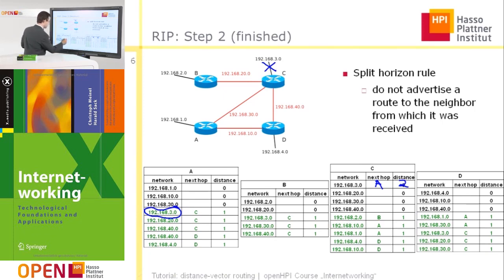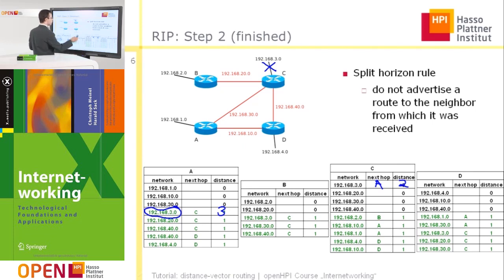So it writes here 3. A distance of 2 from router C plus 1 hop to the router C. And then during the next iteration it sends this information again to router C, which again increases the distance count, and this situation is called count to infinity.